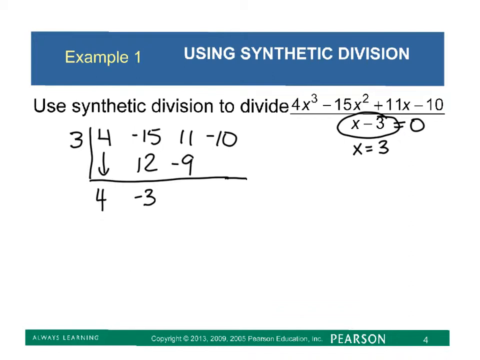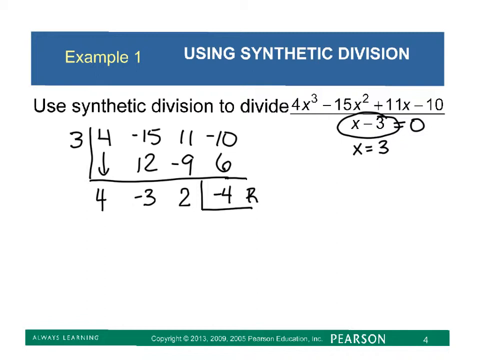And 11 minus 9 is 2. And again, multiplication. 3 times 2 and place it here, which gives us 6. And this last number that you get is known as the remainder. I always place it in a little box to remind myself about that. And we get 4. So we get the remainder of 4.